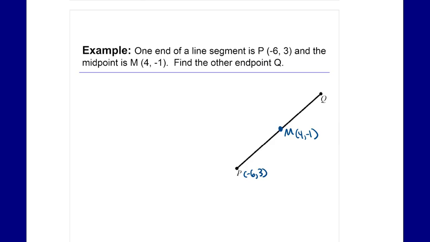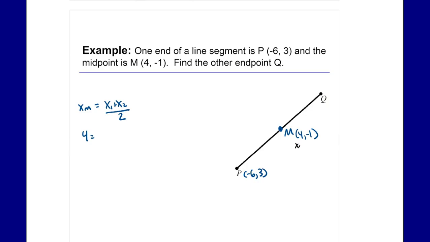Well, let's take a look at our formula. If we remember our formula for finding the x value, the x value of the midpoint is x1 plus x2 divided by 2. Based off of what I know, the x value of the midpoint is 4.